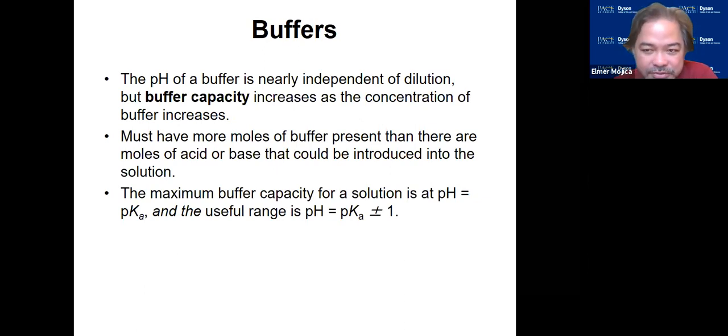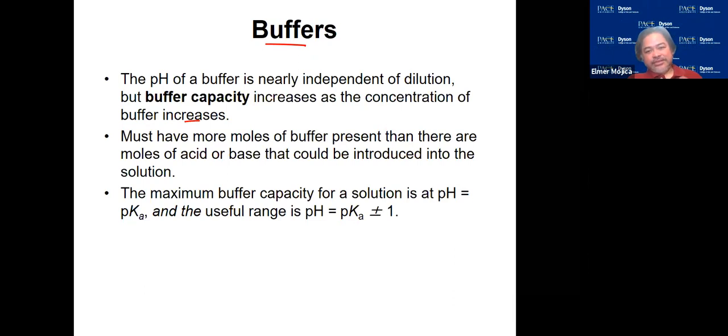Oh, by the way, before we finish the chapter, more about the buffer. So this is in the concept question. The pH of the buffer is nearly independent of dilution, but the buffer capacity increases as the concentration of the buffer increases. So what does it mean?